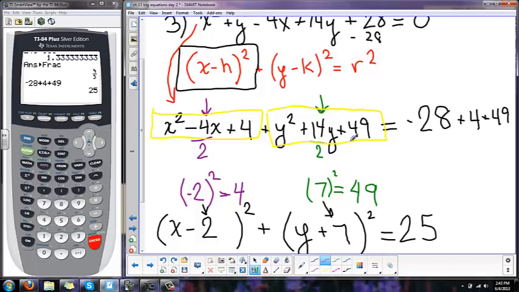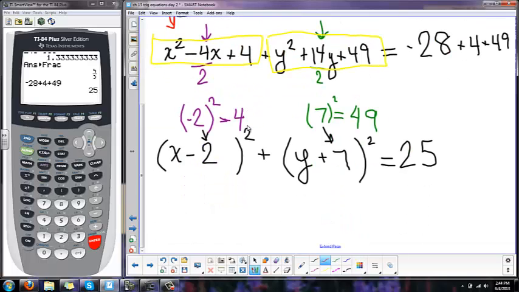Now we're used to seeing the equations of circles written like this, and if you have an equation written like this, then the center of the circle is positive h, comma, positive k, and the radius is this. Okay? So the center is, you pretty much take these numbers and you reverse the sign.